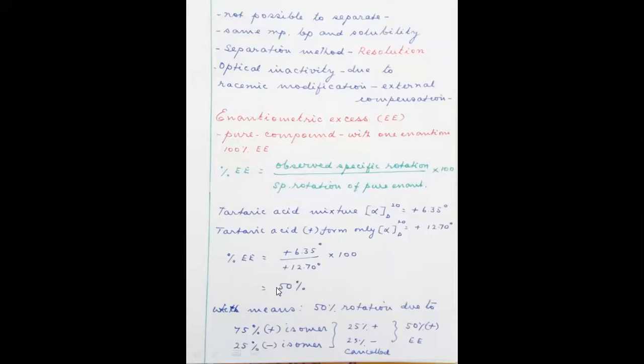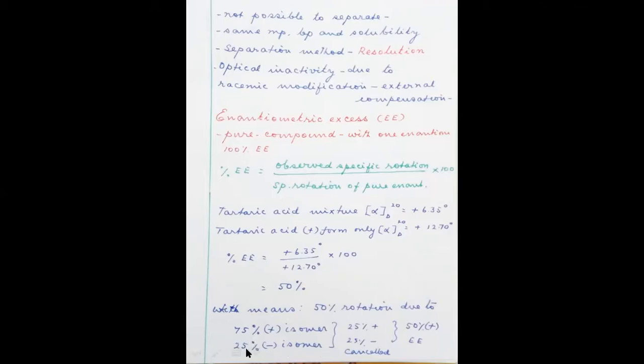It doesn't mean that the mixture is containing 50% plus tartaric acid and 50% minus tartaric acid. If it is so, then the optical activity will be zero. That is why you have to concentrate here. This is enantiomeric excess, which means the physical interpretation of this calculation is that the 50% resultant rotation is due to originally 75% of plus isomer being present and 25% of minus isomer being present.